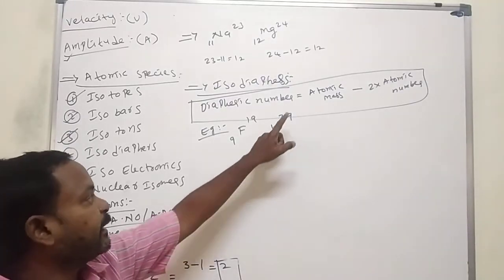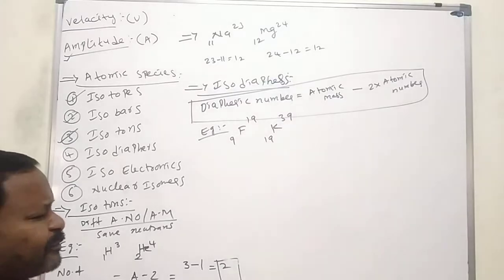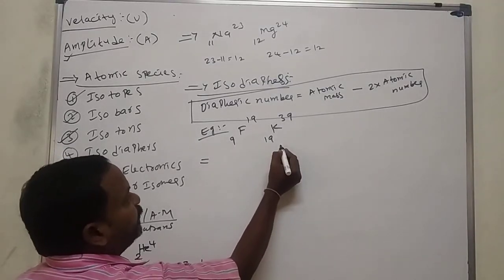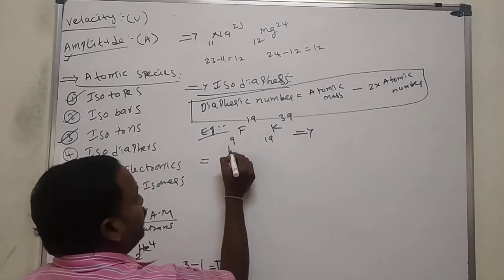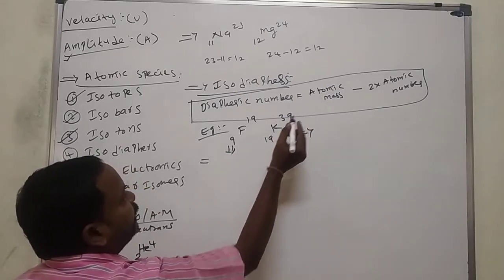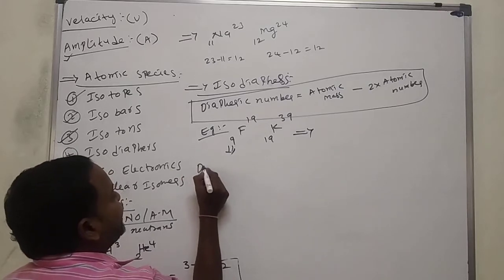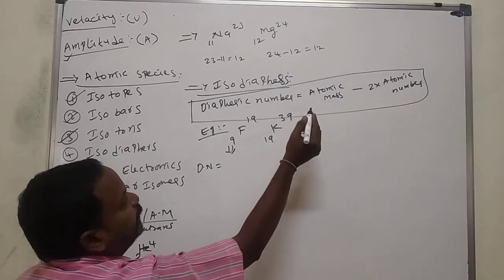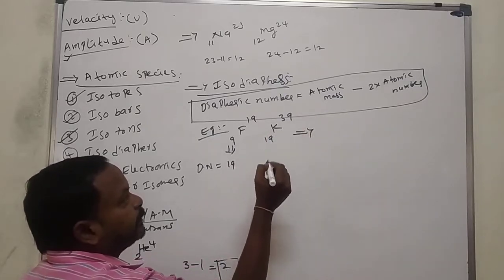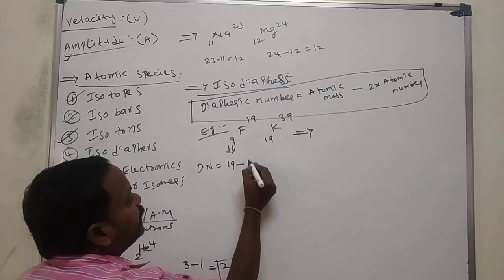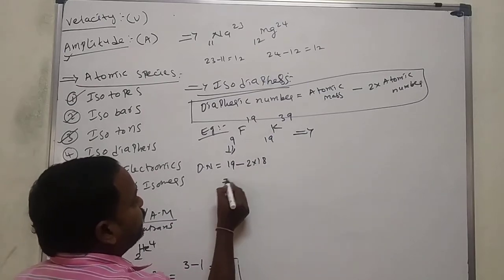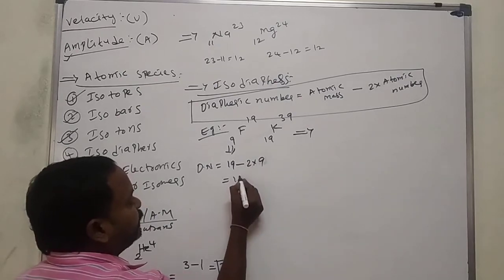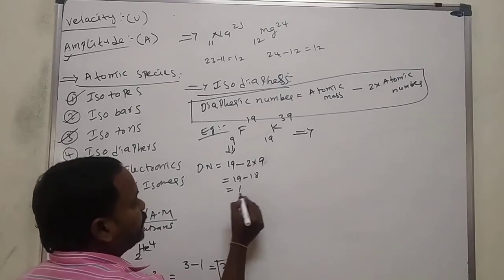Potassium has atomic number 19 and mass 39. Calculate the diaphoric number, dN. For fluorine: atomic mass 19 minus 2 into atomic number 9, that is 19 minus 18, equal to 1.